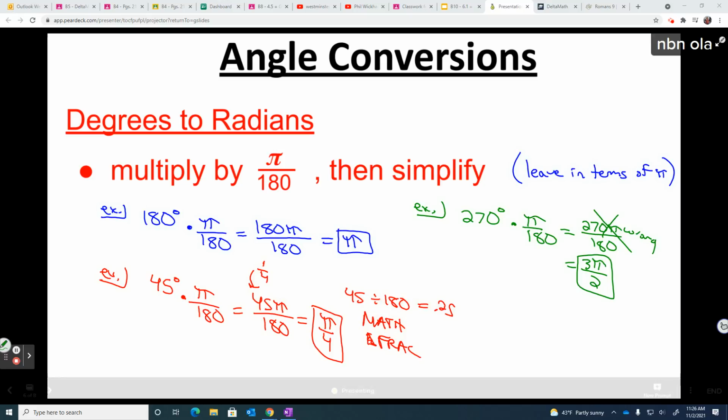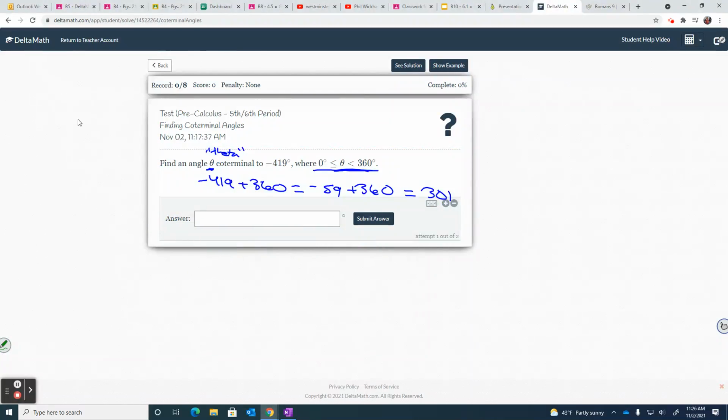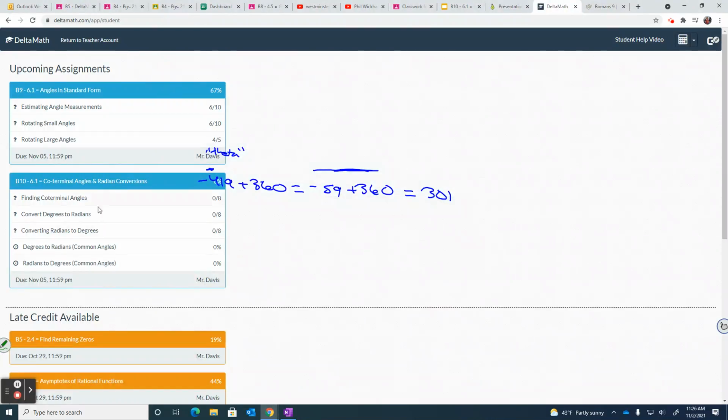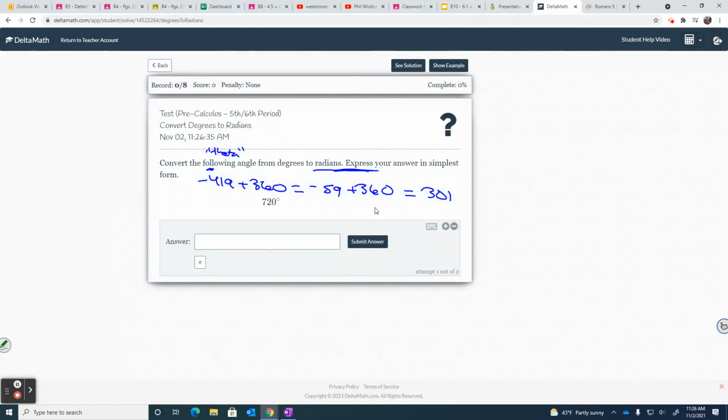Your assignment on this is very similar to what we just did. Show you here quick. We're not done yet though, so don't start working on it yet. Same thing, angle from degrees to radians. This one happens to be a bigger one, so if you wanted to write down this example, you could. So this example is 720 degrees.